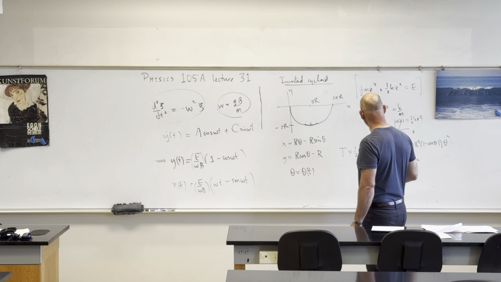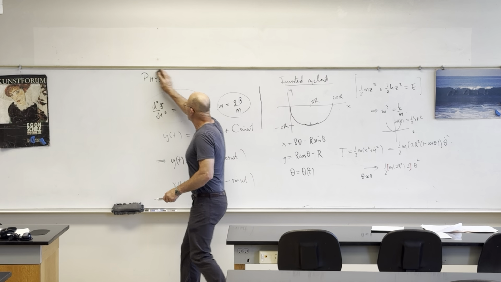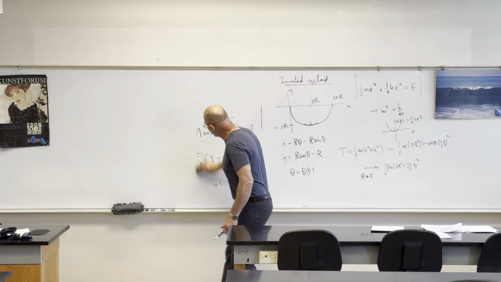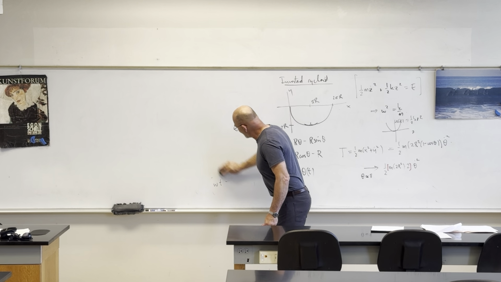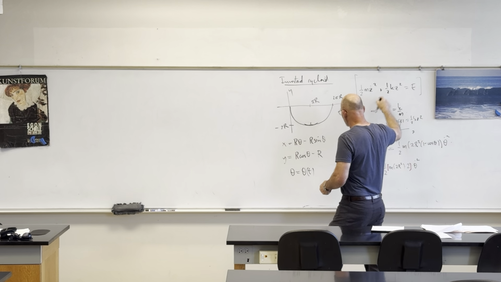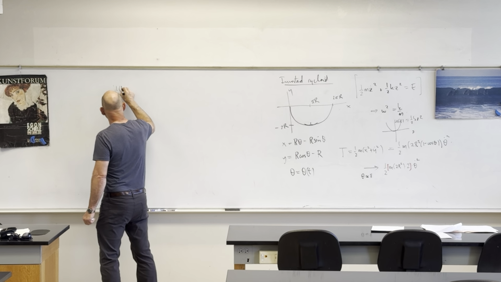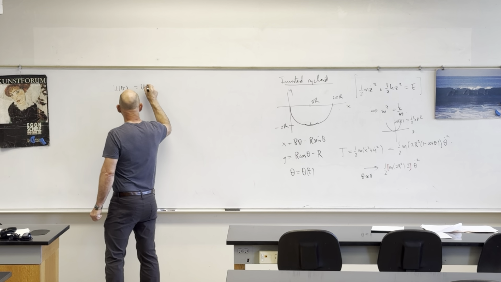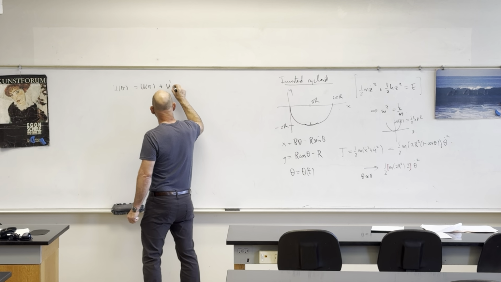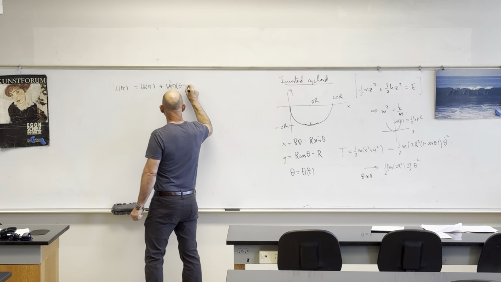for the potential energy we want, clear up some space over here. But this is just an extension of our expansion. Remember the k was the second derivative, so what we need is u of theta equals u of pi plus u prime of pi (theta minus pi).